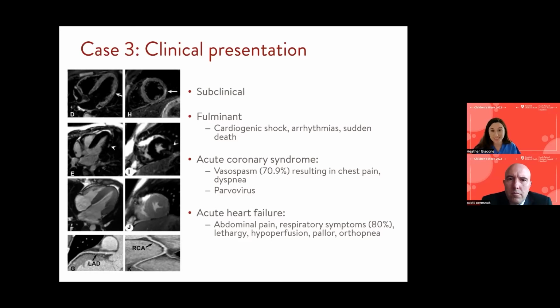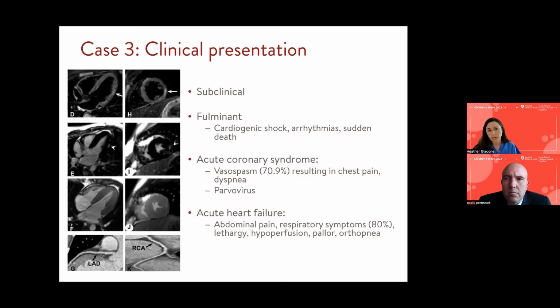Of course, the opposite end of the scale is what we just talked about. So the fulminant myocarditis, this is a very rapidly progressive result, and it can result in cardiogenic shock, sudden death, or pretty significant arrhythmias, which we'll go over shortly. The other portion to highlight is this can actually cause an acute coronary syndrome.